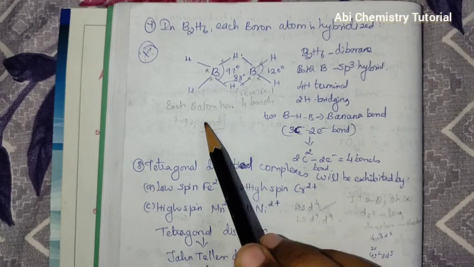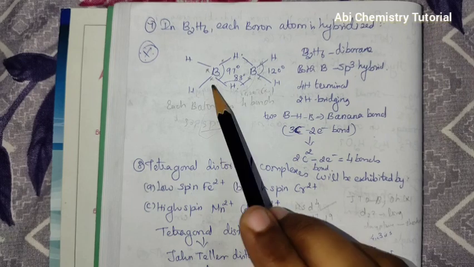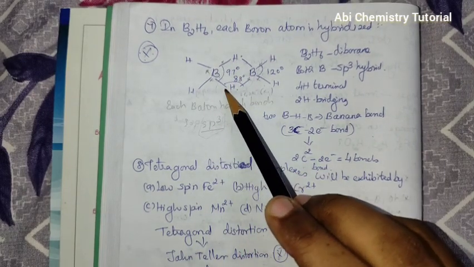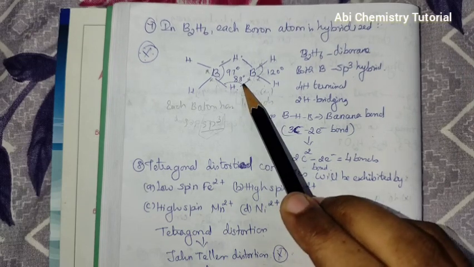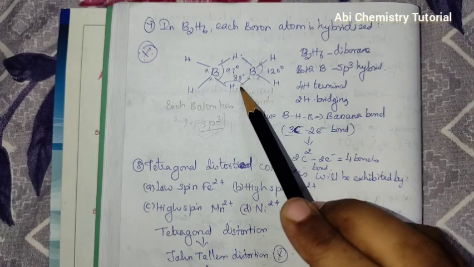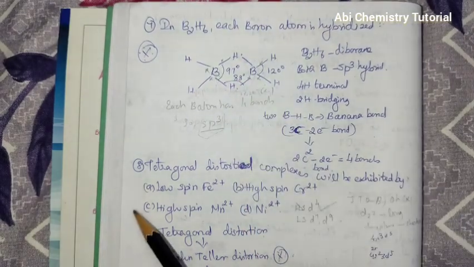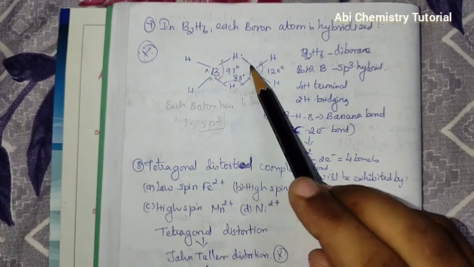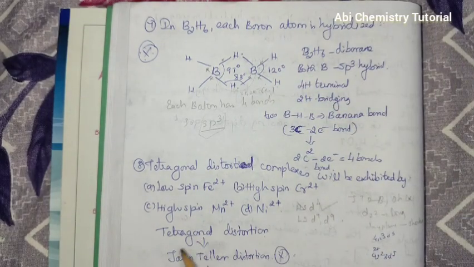So this represents that both the boron atoms have sp3 hybridization. Additional information: the angle HBH is 97 degrees and BHB is 83 degrees, and diborane has 4 terminal hydrogen atoms and 2 bridging hydrogen atoms, and there are 2 3-center 2-electron bonds and 4 2-center 2-electron bonds.